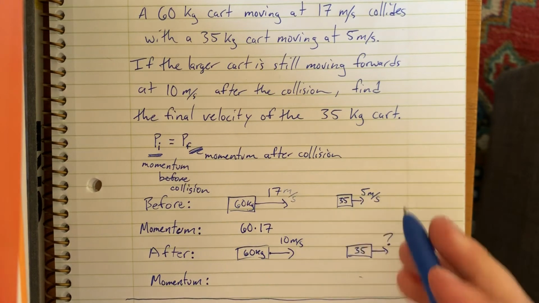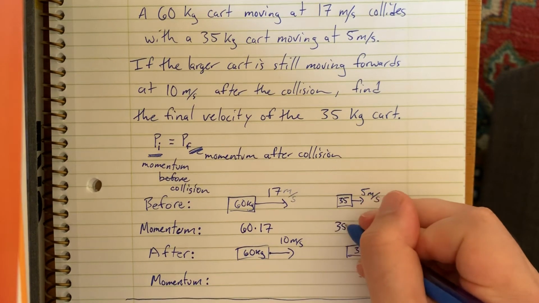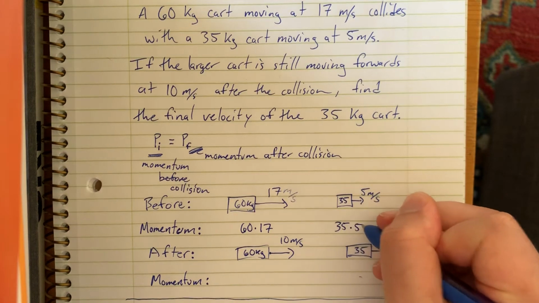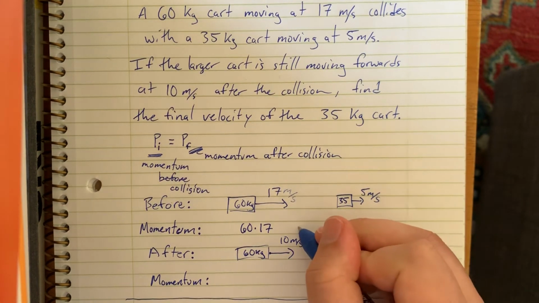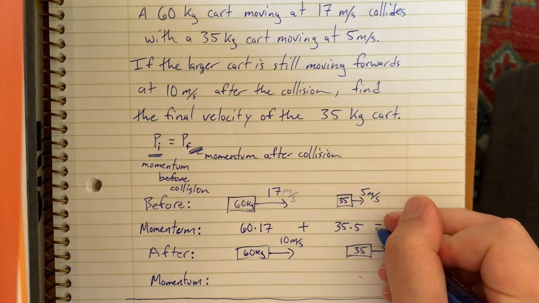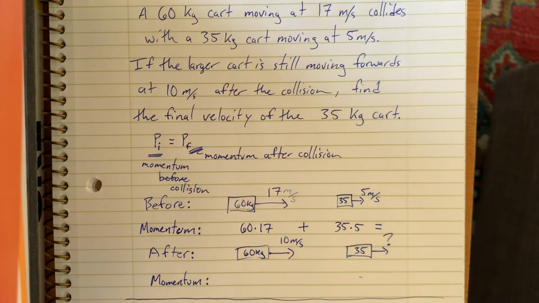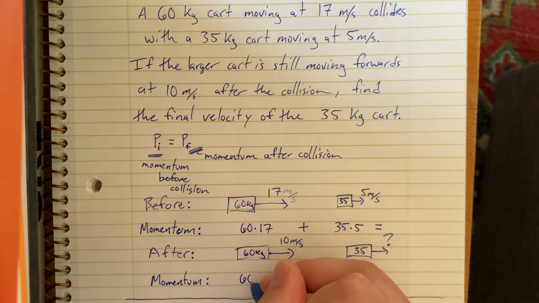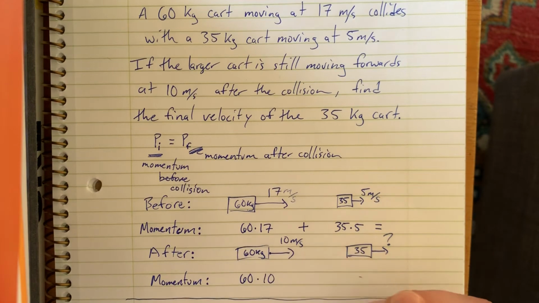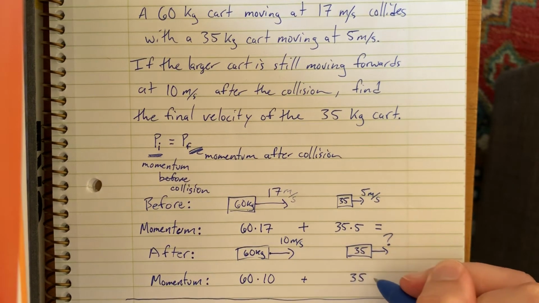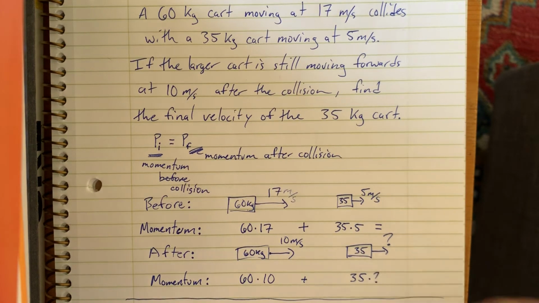This one, mass times velocity, is going to be 35 times 5. And we can add those together to find the total momentum. Down here, we're going to do the same thing. Here we have 60 times 10 plus 35 times question mark. We don't know what that is. That's the thing we want to find.